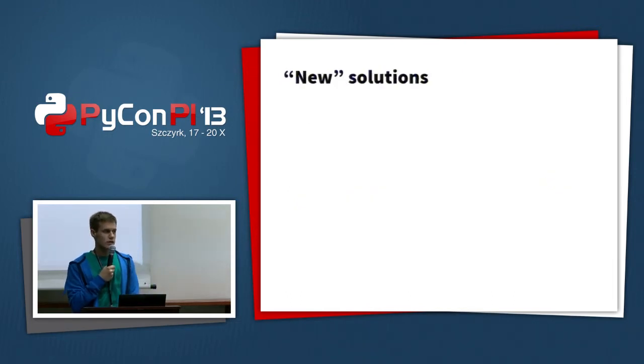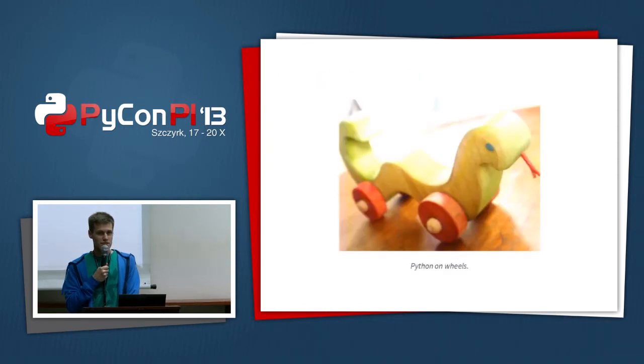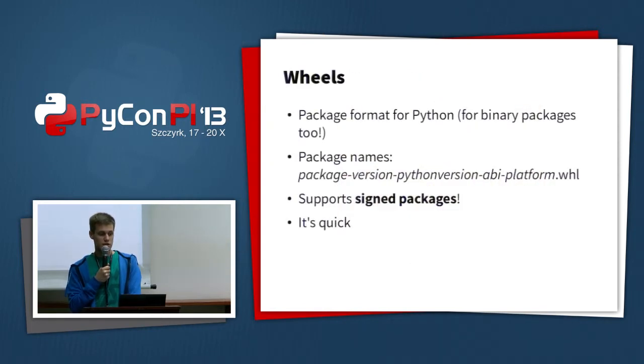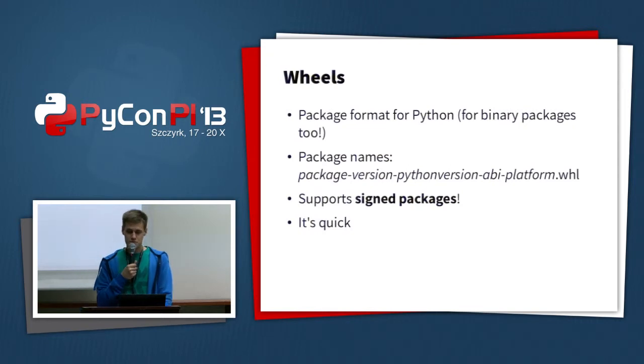So yeah, finally, third part, new solutions. The most interesting one, Python on wheels. Wheels are awesome. It's a new packaging format, and it's a standardized format. It's totally unlike eggs.